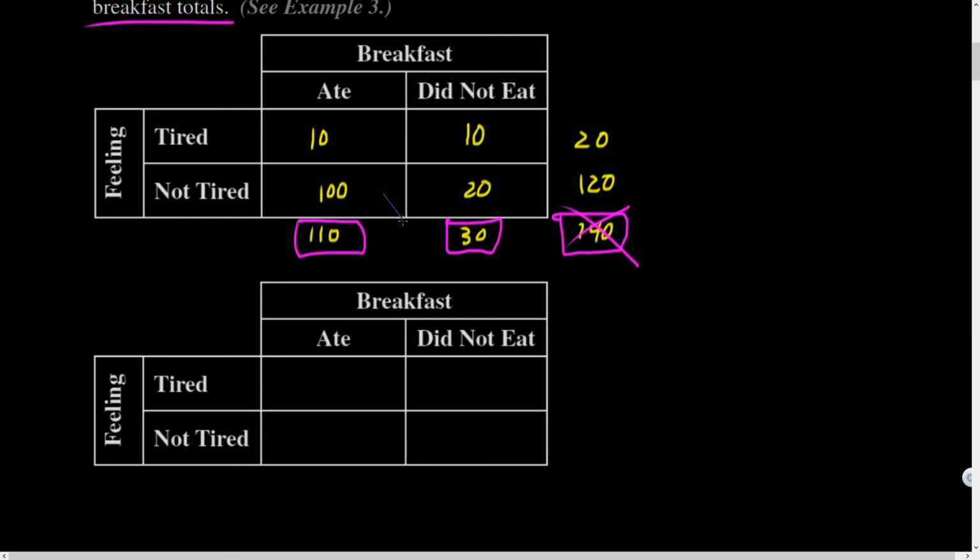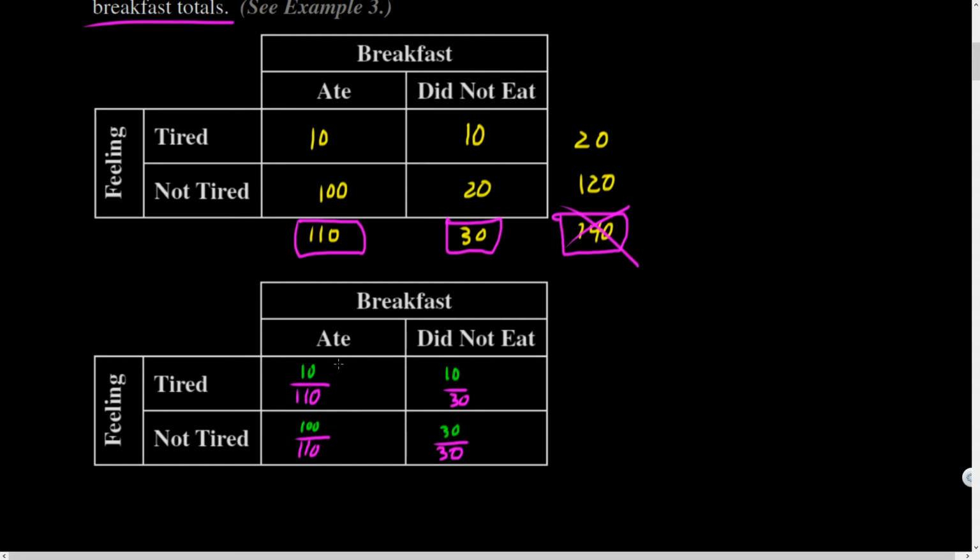All right, and so let's see. This column would be out of 110. That's the total number of people who ate breakfast. And this column was the 30, the number of people who did not eat breakfast. And so those would be the respective denominators for those conditional probabilities. And then I would take the joint frequency, which is 10, 100, 10, and 30.